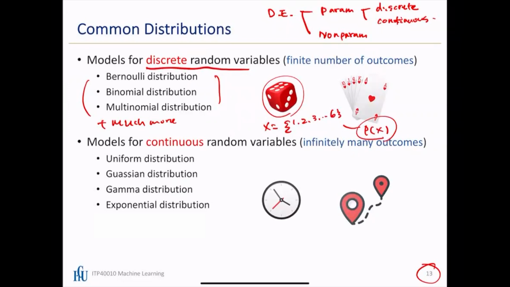Now let's think about continuation of time or continuation of distance. Basically, there is no clear cut between different values, and you can go into more precision so that you can have infinite closeness or distance. If you play with those continuous values, then you need a model for continuous random variables, and here are examples.